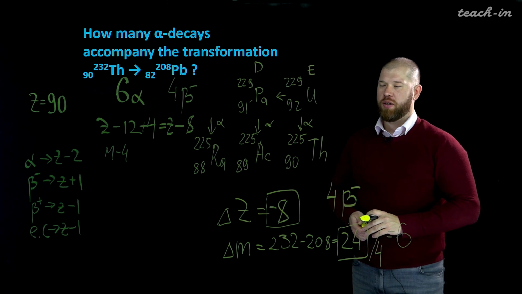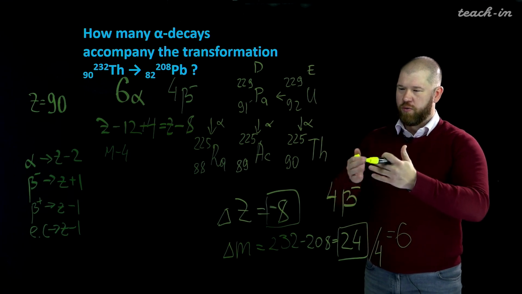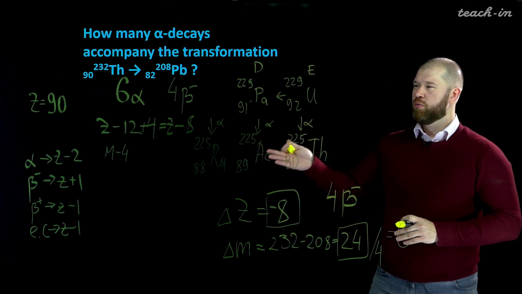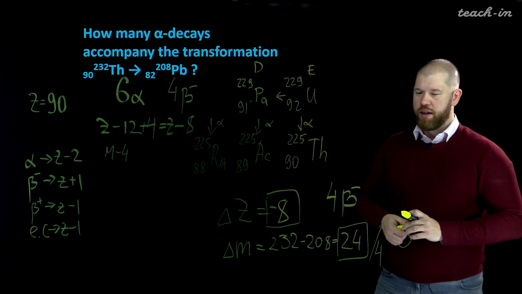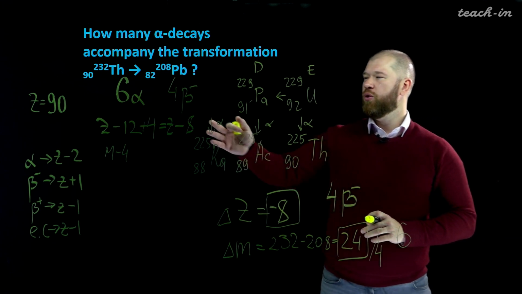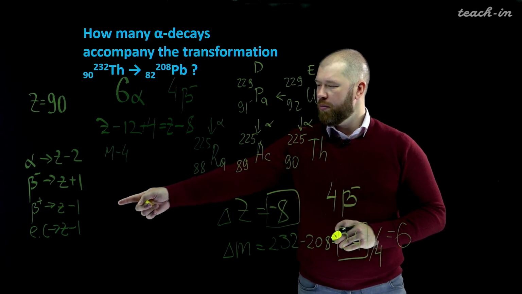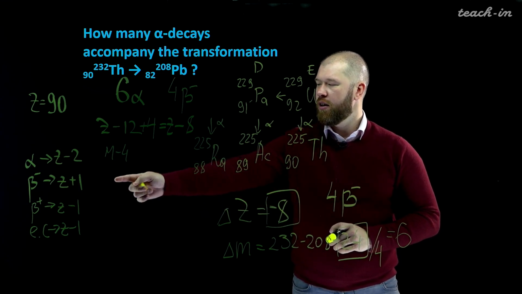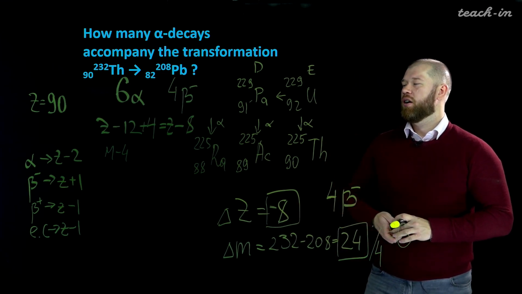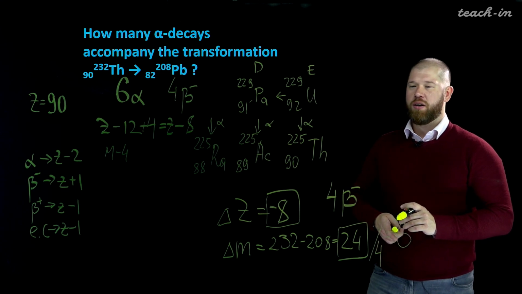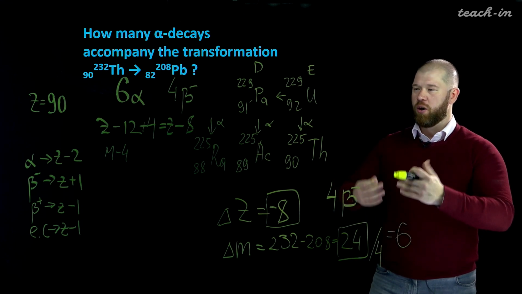Of course, as far as we don't have the full picture, the full chain of radioactive decay from thorium to the lead, we cannot say for sure that there were no other decays. For example, there can be an additional beta plus and an additional beta minus decay. There will then be no changes in charge and no changes in mass, but these additional decays can be in the whole chain.